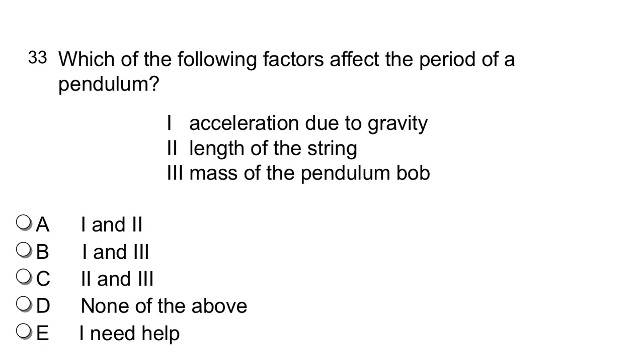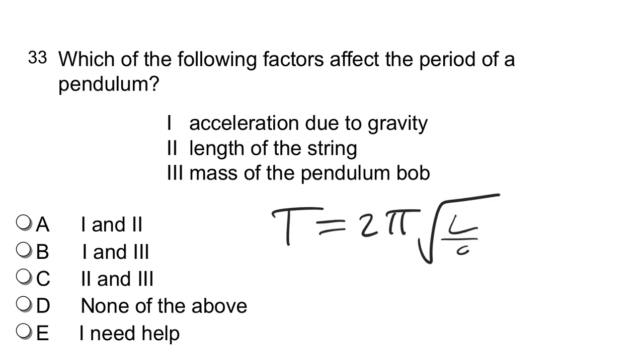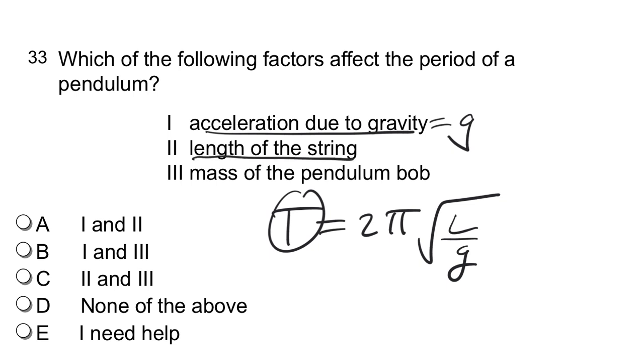Okay, so let's look at the equation for the period. Period equals 2 pi, the equation for the period of a pendulum, square root of L over g. Is the period affected by the acceleration due to gravity? Yes, g is right here on the bottom in the denominator. The length of the string?